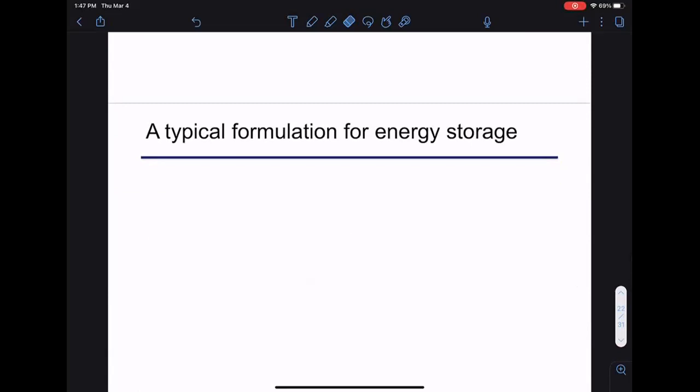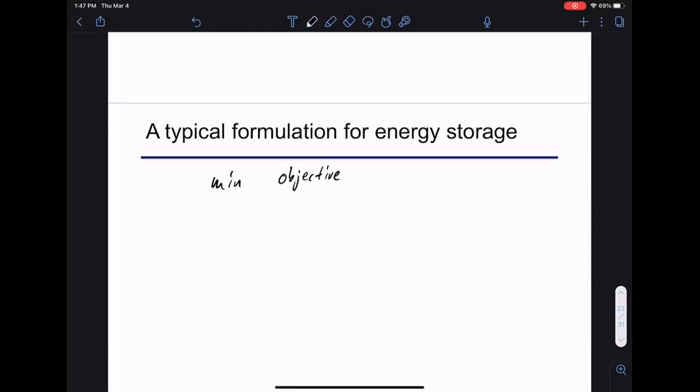So for example, for using a battery, we always want to minimize some cost. This cost may be the degradation cost of the battery plus the cost of getting electricity from somewhere else, and things like that. So this is the objective function. Right? We want to minimize some objective.